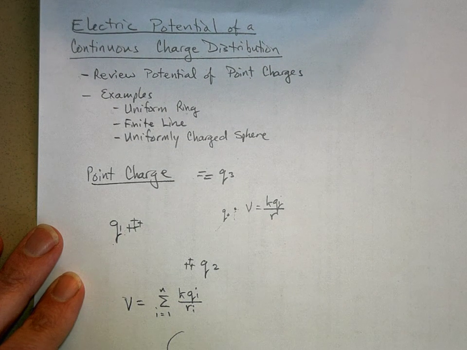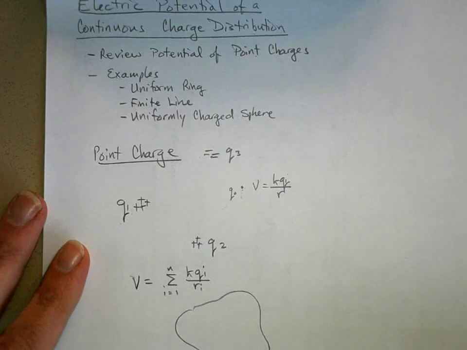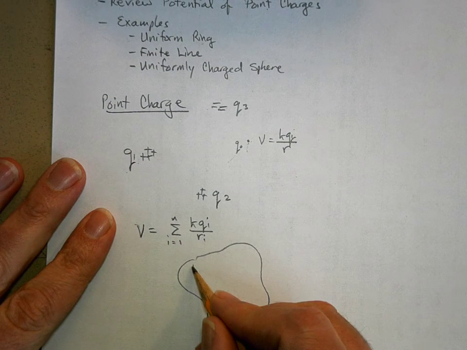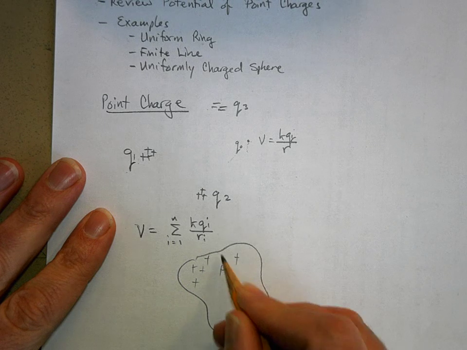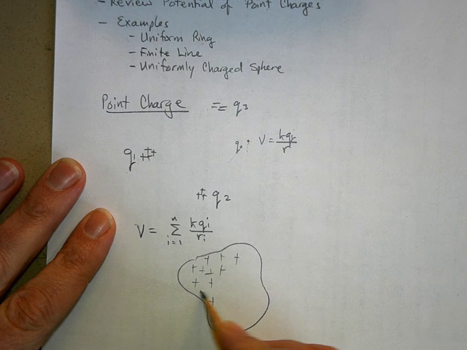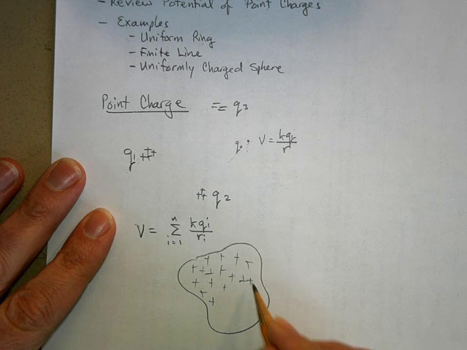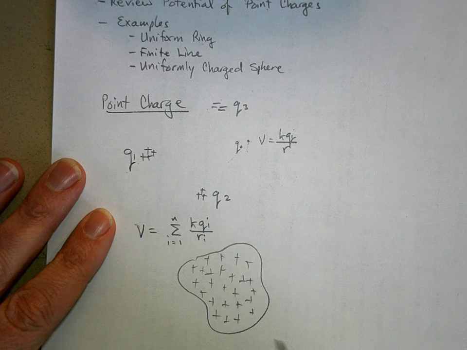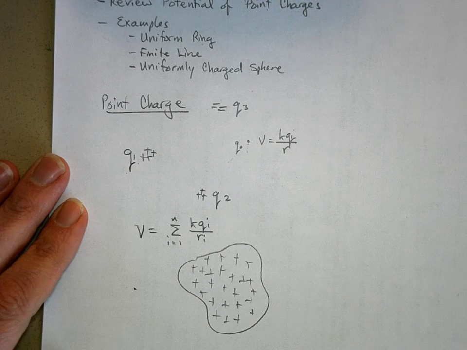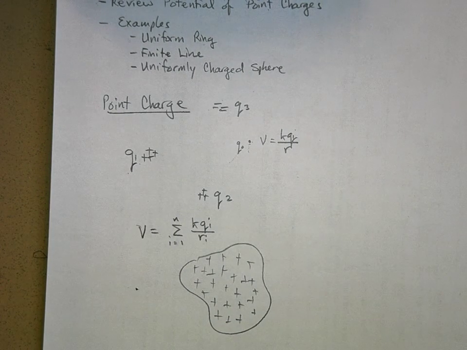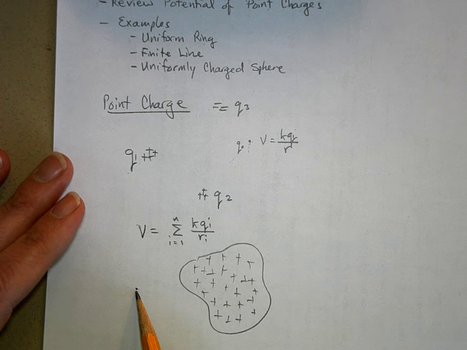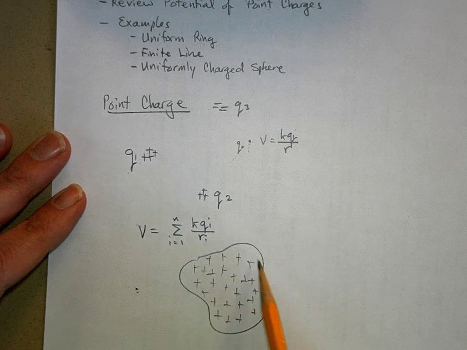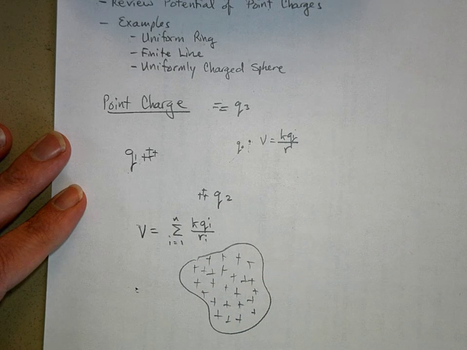So let's say I've got my amoeba of charge, and it's continuously smeared over this volume of space. And I want to know, at point P right here, what is the voltage? How much work do I have to do per unit charge to bring that test charge from infinity to here, given this charge distribution over here?